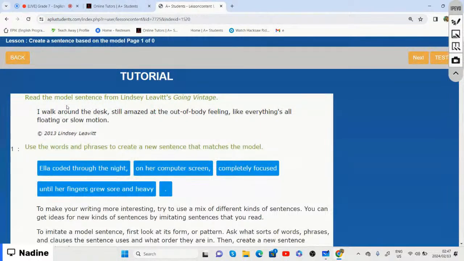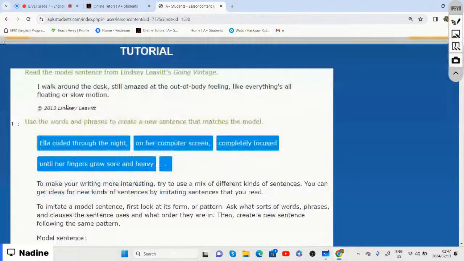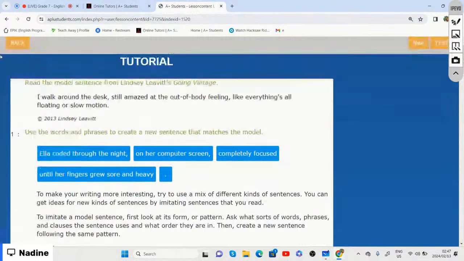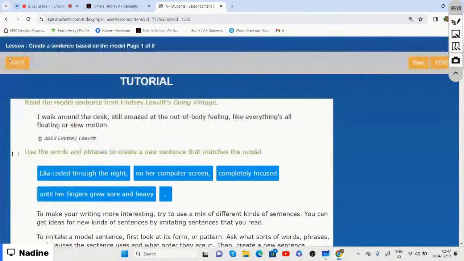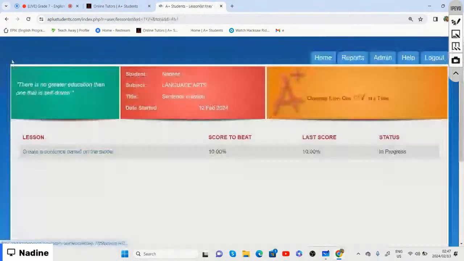And we specifically said that in order to make your writing more interesting, you need to imitate or try to mix different kinds of sentences, starting with the model sentence. All right. So this is now the end of our lessons, grade 7 on sentence creation.